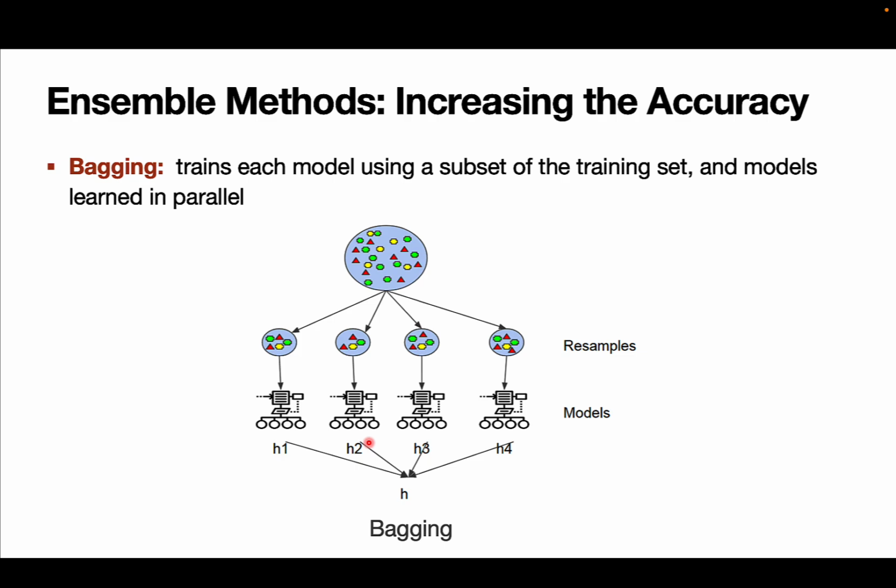After training, we aggregate the results, typically through majority voting for classification or averaging for regression. It's interesting that the term bagging doesn't come from the idea of a bag of models, but rather from combining bootstrapping for sampling with aggregation of predictions.